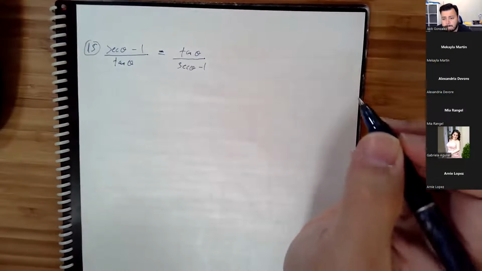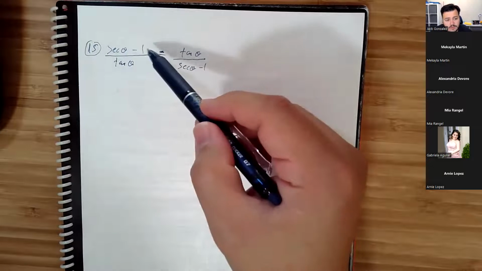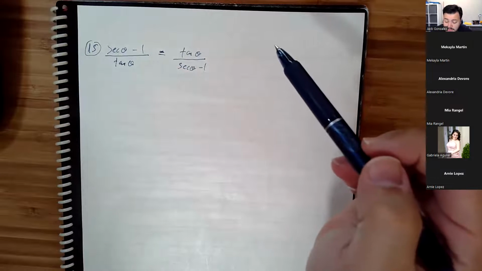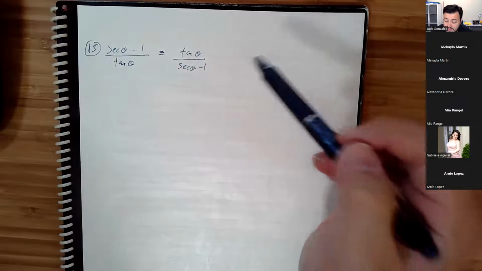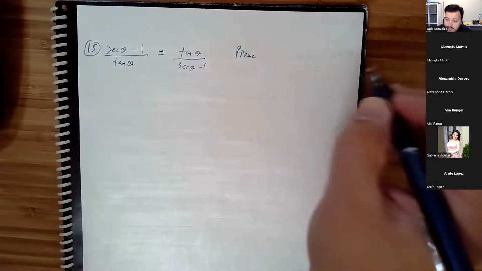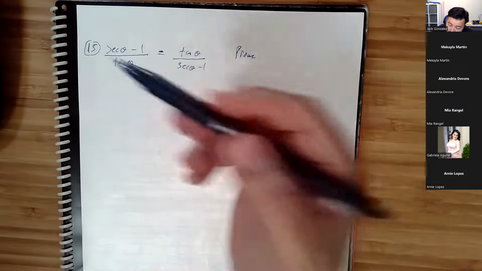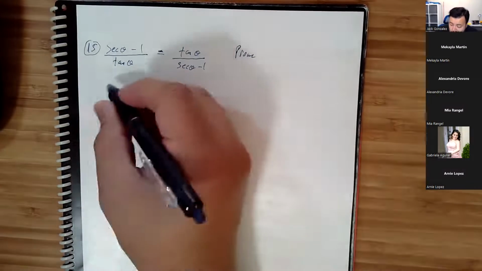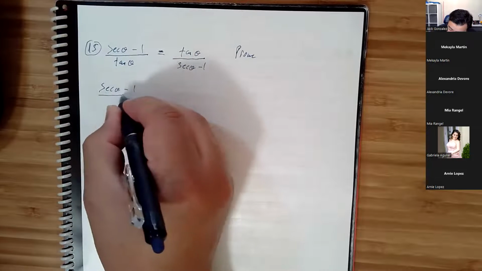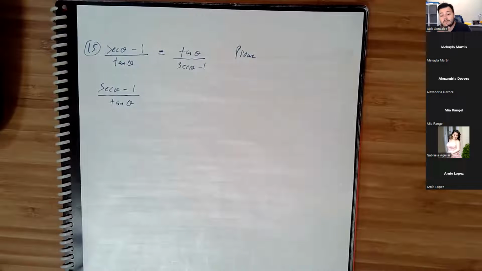Tangent over secant theta minus 1 equals secant theta minus 1 over tangent theta. They look almost the same. So I'm going to choose, prove or establish identity, I'm going to pick the left side because I don't see anything really better. Both kind of suck.